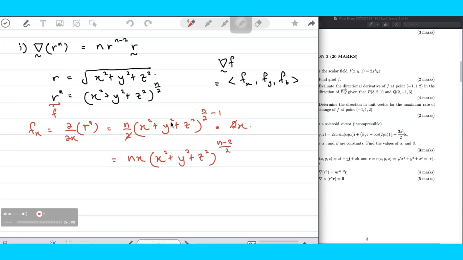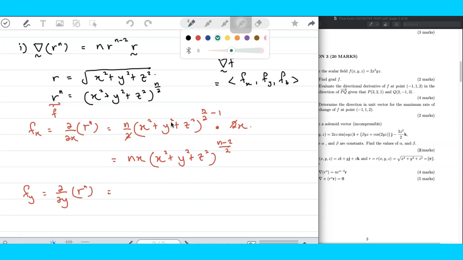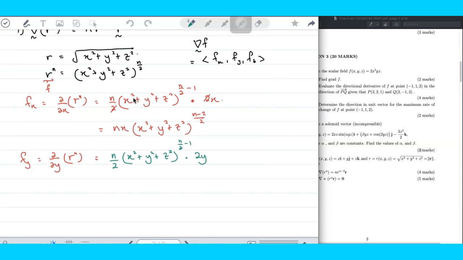Then keep going for fy, the partial derivative with respect to y of r to the n. Differentiate the outer function: n over 2 times x squared plus y squared plus z squared to the power of n over 2 minus 1, times 2y.